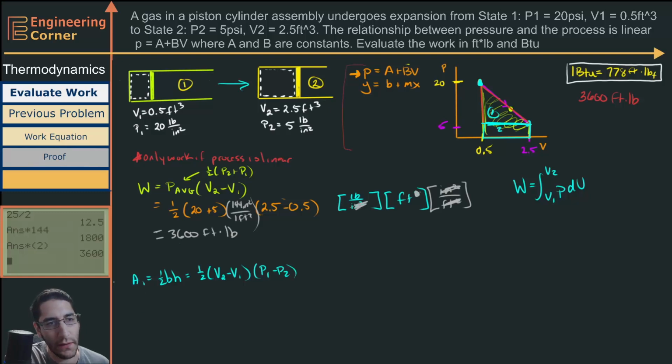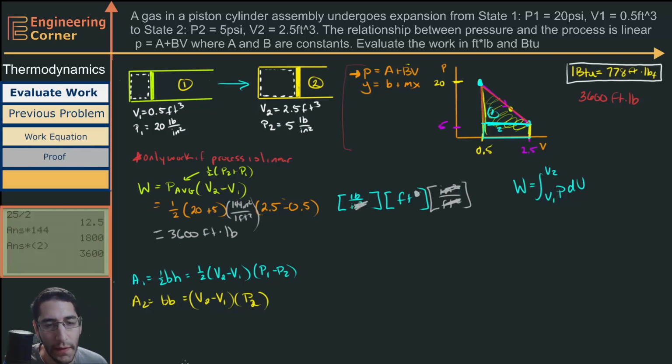Then I can look at the area of 2, which is a rectangle, so it's just base times height. Again, this is V2 minus V1 times just P2. We don't need to worry about the difference because it just goes from 0.